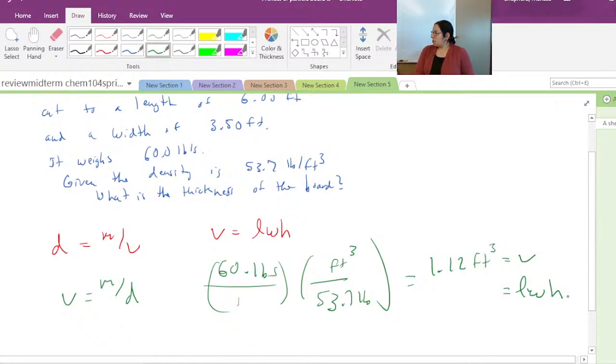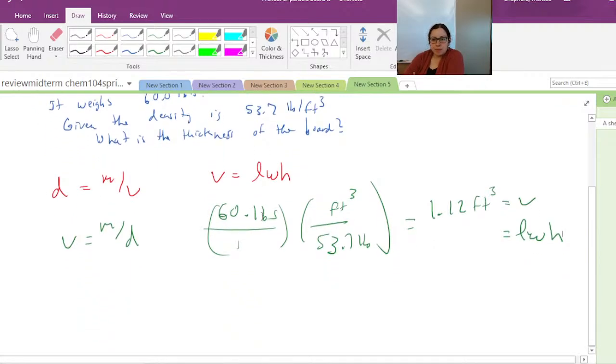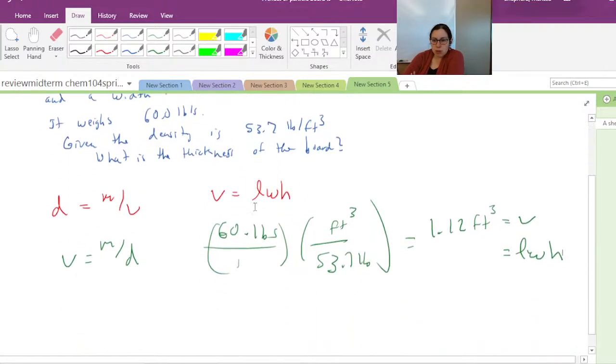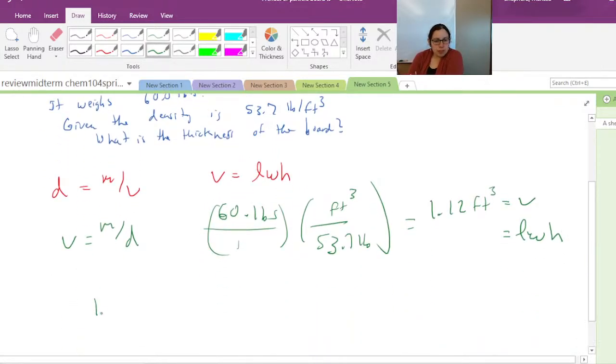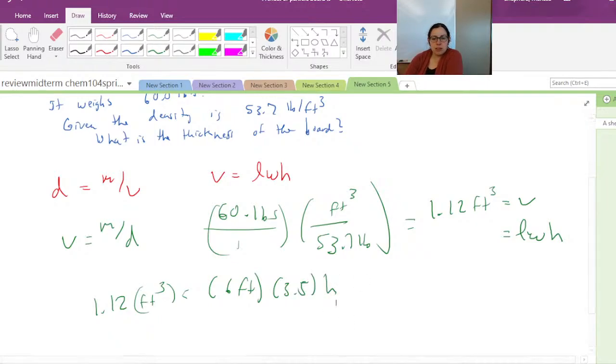And so then just keep going with the algebra. We were given length and width. So 1.12 feet cubed is equal to 6 feet times 3.5 times h.